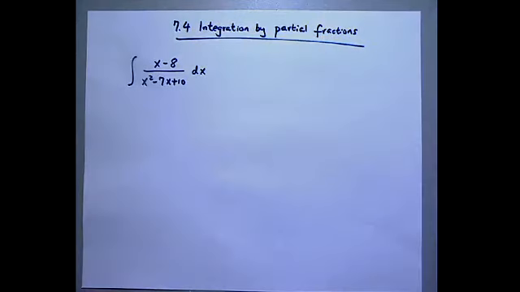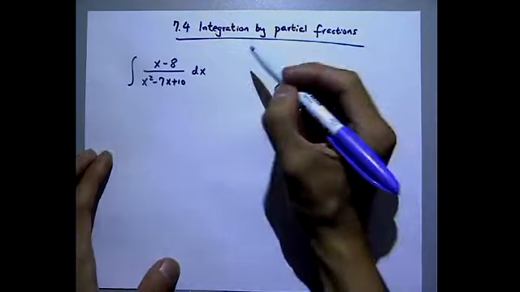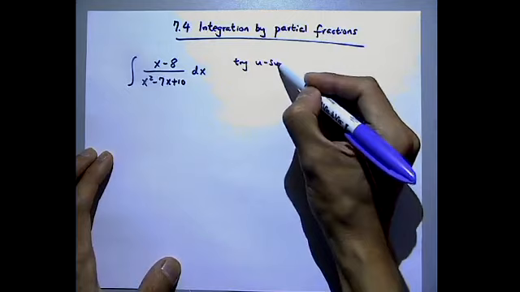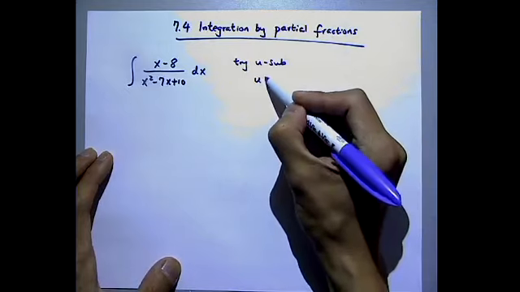When you look at this integral here, upon first glance, it looks like we might be able to do a substitution to take care of this. Let's see what happens if we try that.